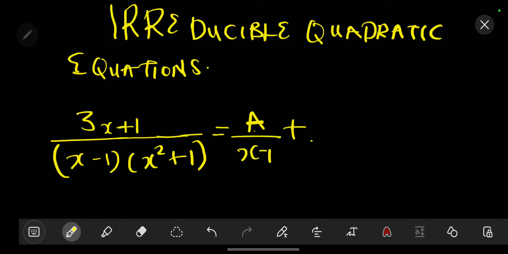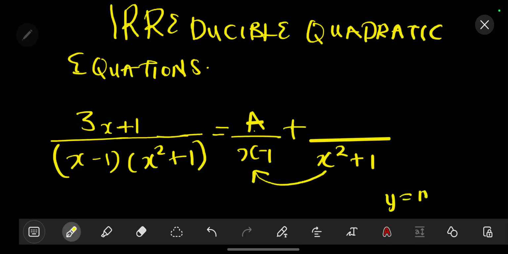Then for this one, since you cannot factorize it, just write it the way it is. You first have to make sure that it cannot be factorized. Remember, for a linear denominator we have a constant on top, so for a quadratic we should have a linear expression on top. The equation of a straight line is y equal to mx plus c.